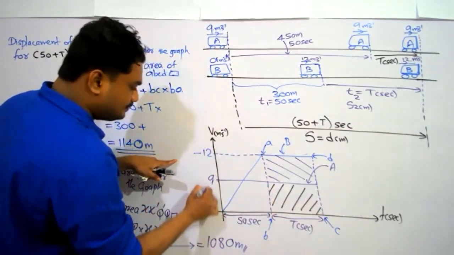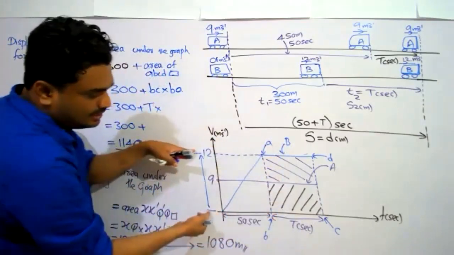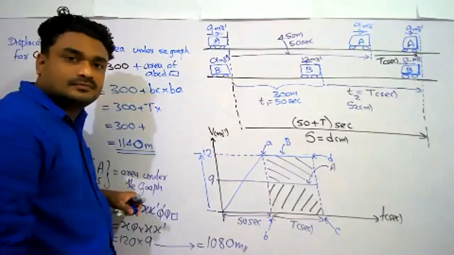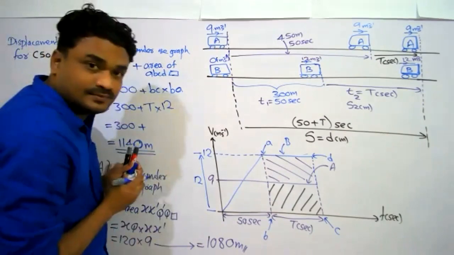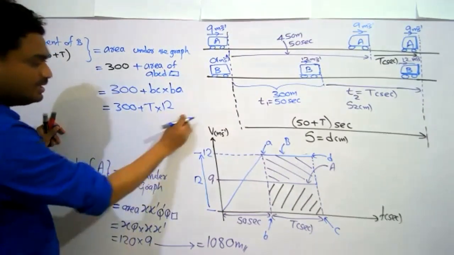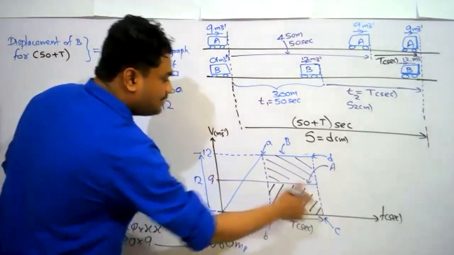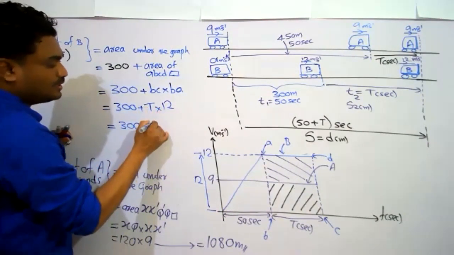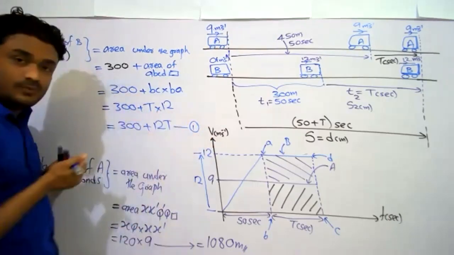Anybody? 12, very good, that is 12. So this is T into 12, right? So the displacement of vehicle B during the time period of 50 plus capital T seconds is 300 plus T into 12, is 12T. Let me take this as my first equation.